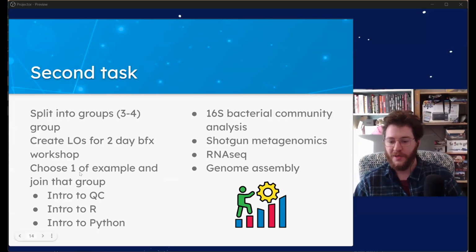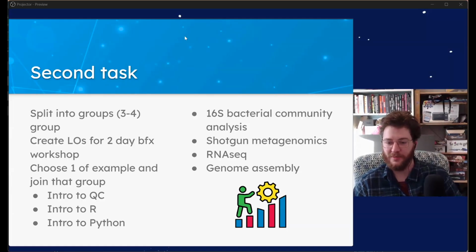And you're going to choose one example workshop to join. So we have Intro to QC, Intro to R, Intro to Python, 16S Bacterial Community Analysis, Shotgun Metagenomics, RNA-seq, and Genome Assembly. I picked these ones because these are ones I have. Hopefully it gives a good breadth, so people will be able to choose one.